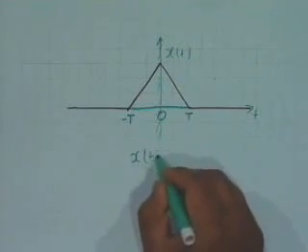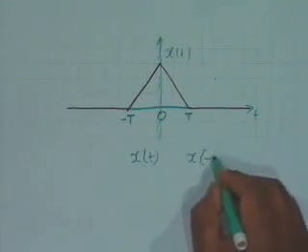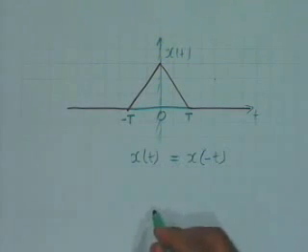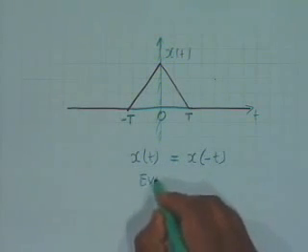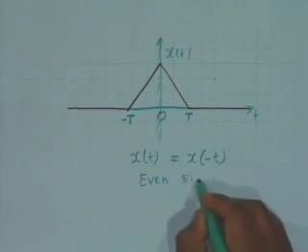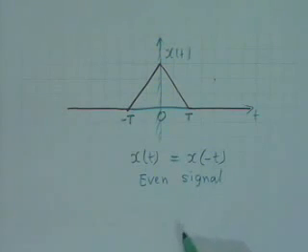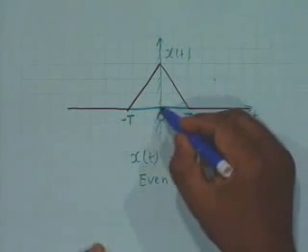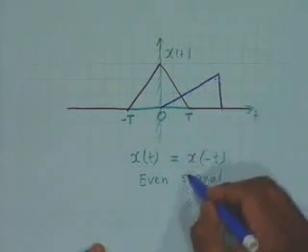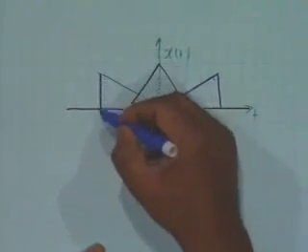That is, if x of t is the same as x of minus t, then you call such a signal an even signal. Alright, I could draw many other examples. Let me draw on the same figure another example of an even signal. I could have a signal like this and like this.